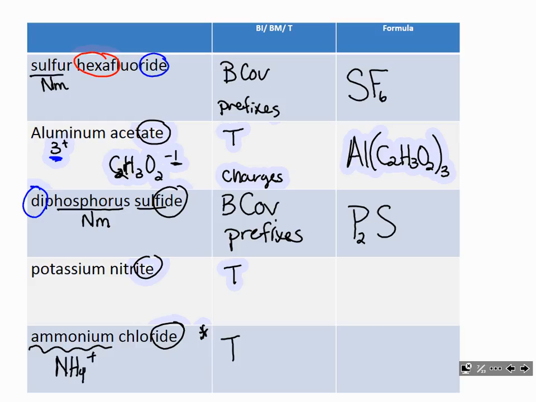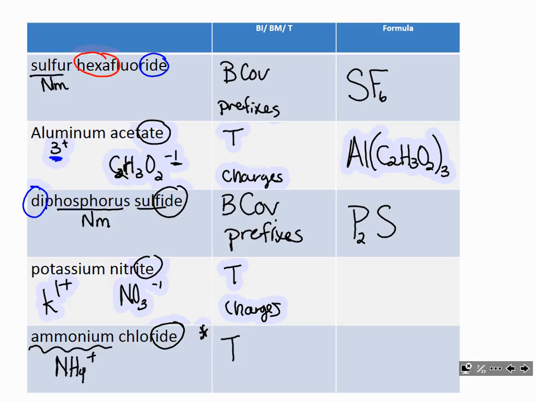All ternary compounds are ionic, so we're going to get subscripts from charges. The charge of potassium is 1. Nitrite is a polyatomic ion, NO3 with a -1 charge. So when the charges are the same, whether they're 1 and 1, or 2 and 2, or 3 and 3, and 4 and 4, those charges are going to cancel each other out.